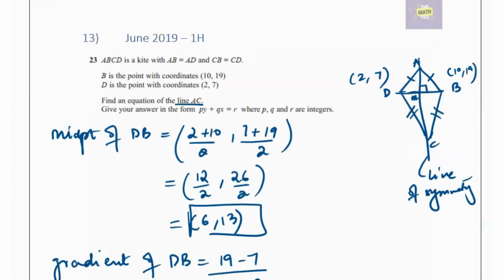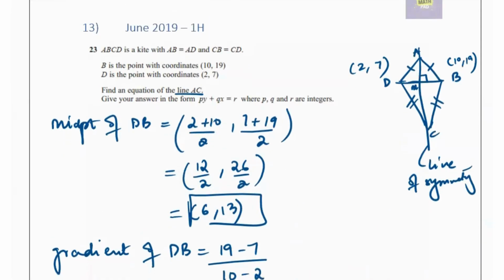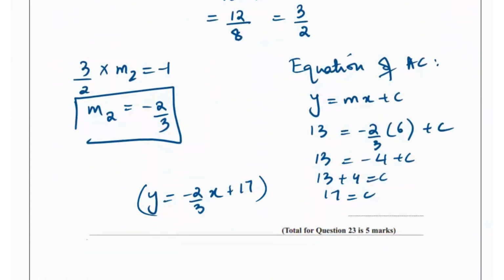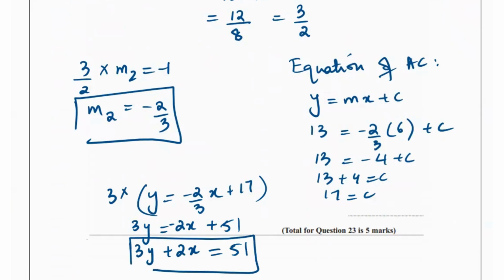They want the equation in the form py plus qx equals r. So multiply everything by 3. So that's 3y equals -2x plus 51, and 3y plus 2x equals 51. That is your final equation.